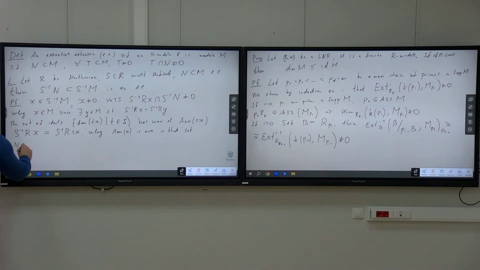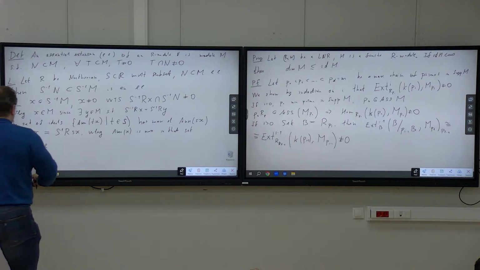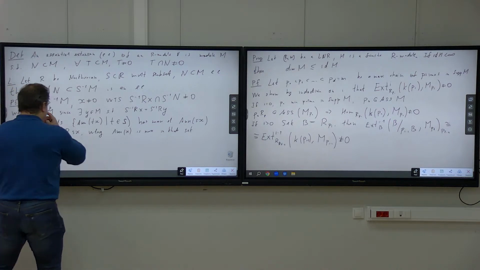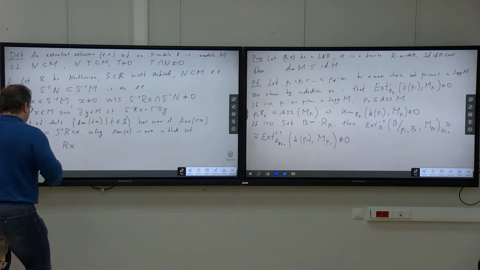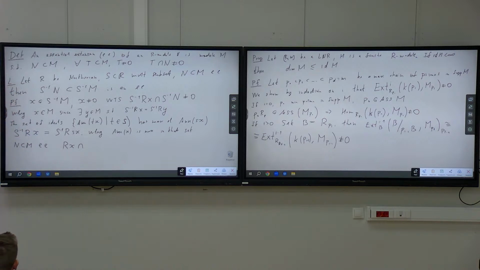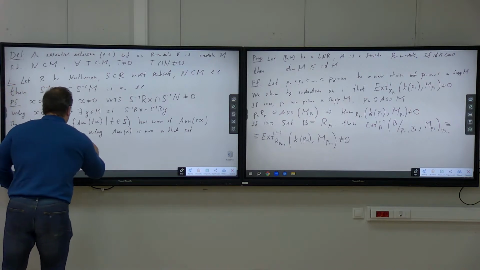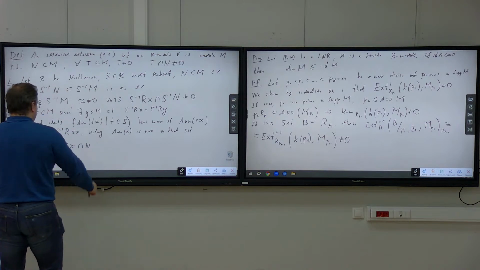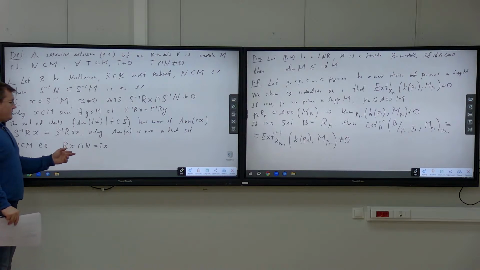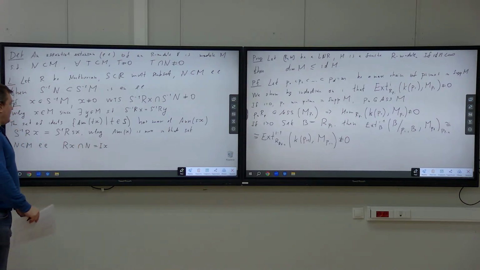We know that N inside M is an essential extension. So if I look at the cyclic submodule Rx inside M and intersect it with N, the elements are of the form something in R times x, and these form an ideal.